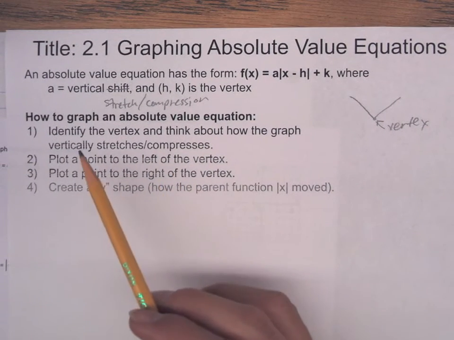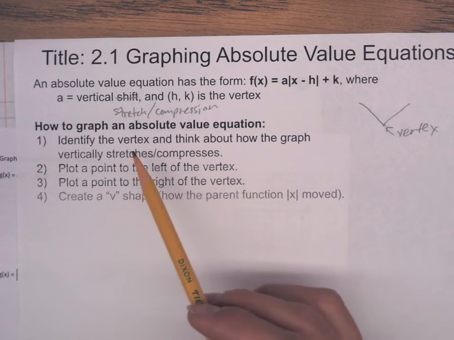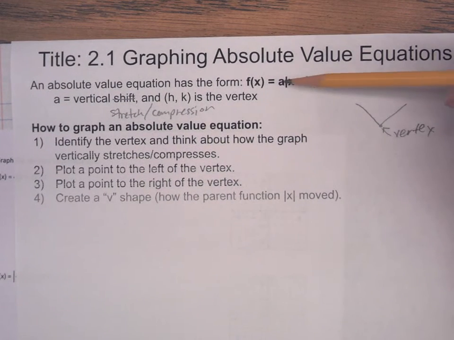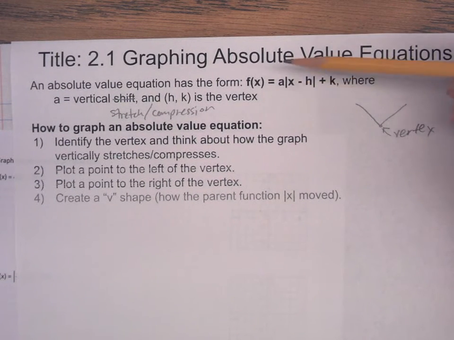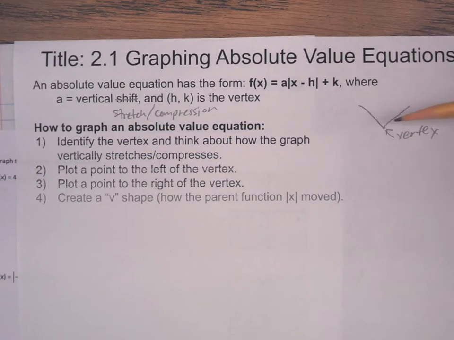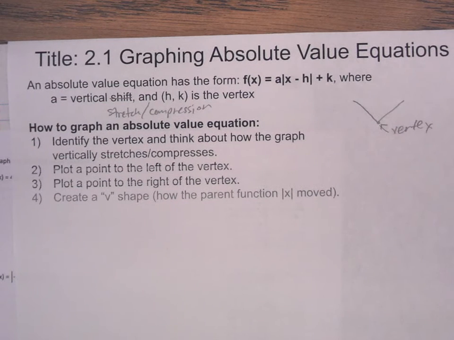So you want to identify the vertex and then look at this here to see how it vertically stretches or compresses. Then, since you want to create this V, once you know where the vertex is, just plot a point to the left, plot a point to the right, and then create your V.